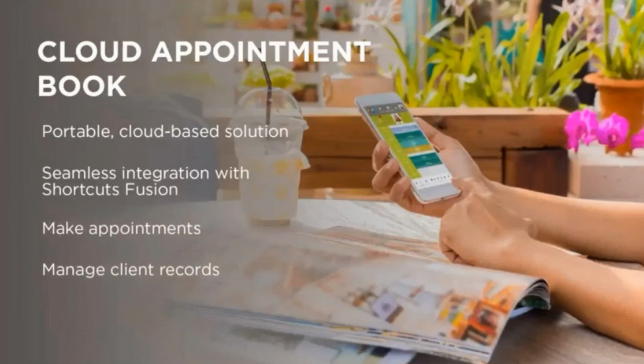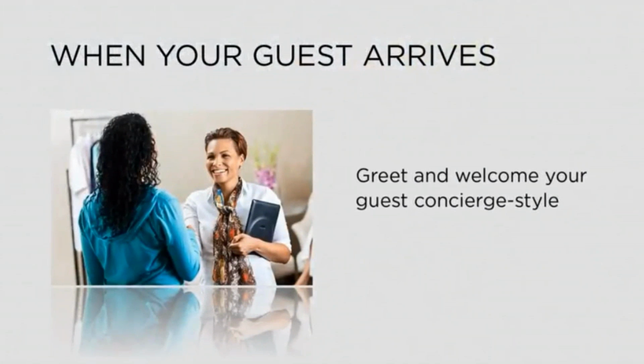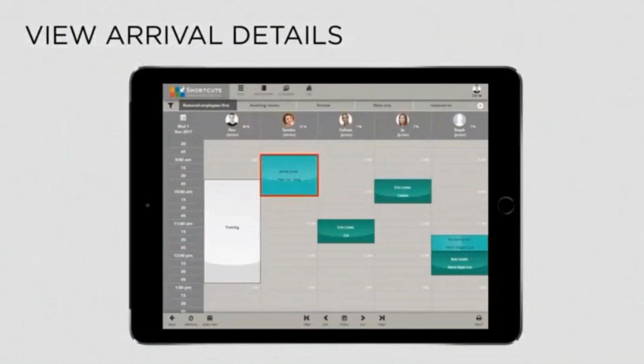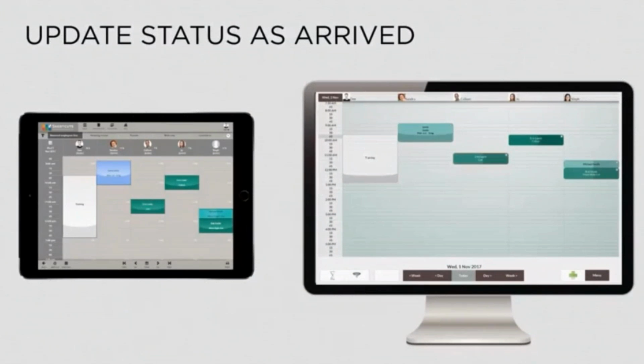Not only that, any changes that you make in the cloud will synchronize in real time to your Shortcuts point of sale. So if you make an appointment, if you move an appointment, if you add a new customer, if you put in history notes, all of that also shows up in your regular Shortcuts point of sale.